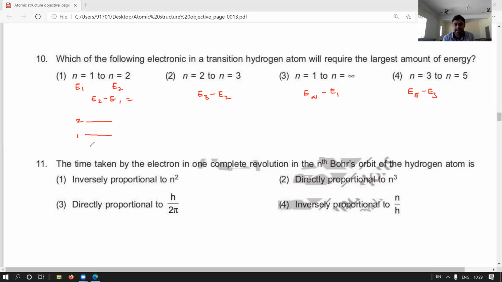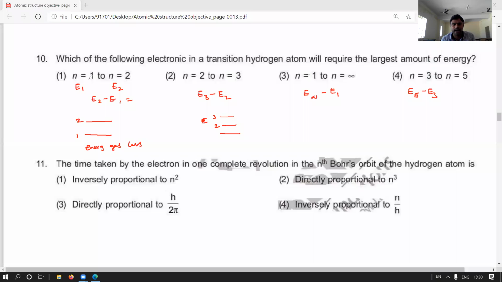So the energy gap is less, because these are not alternative energy levels. E2 minus E3 means 2, 3. This is also in between, there are no energy levels.